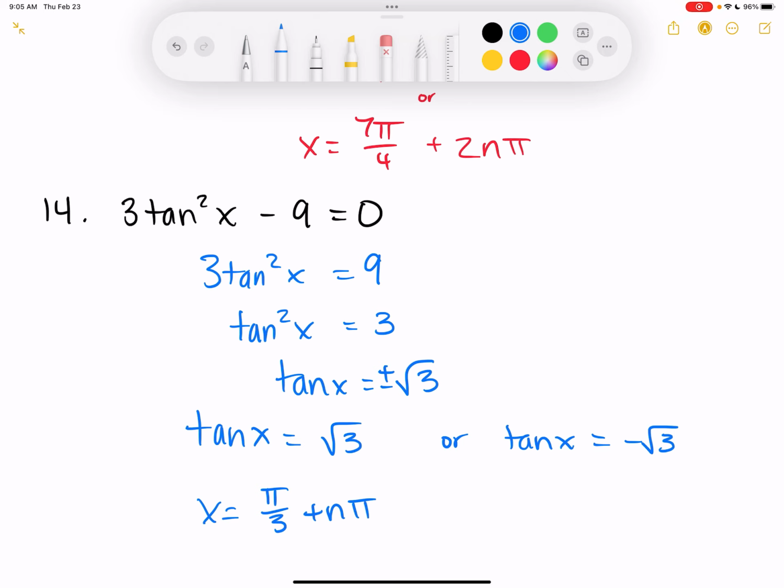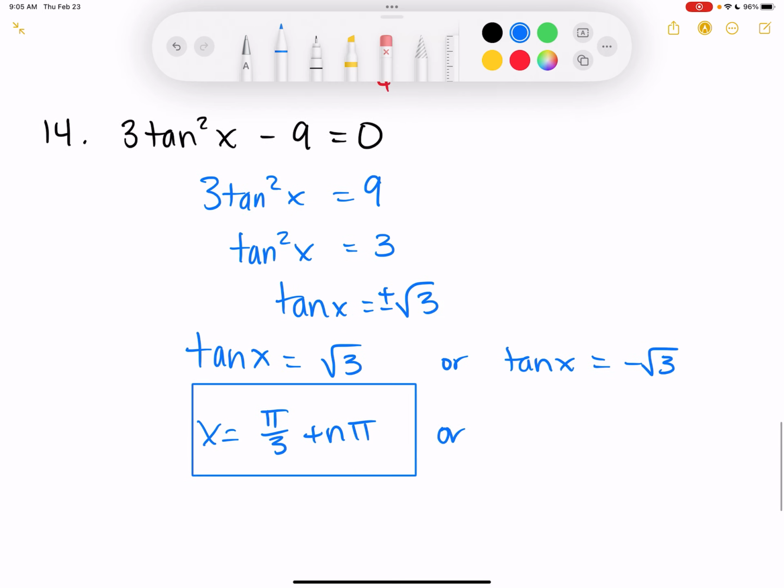Okay, so that's for that part. Then for minus the square root of 3, where's that? 2 pi over 3. So again, it occurs around again farther, but we care about the most basic one. So x is equal to 2 pi over 3 plus n pi.